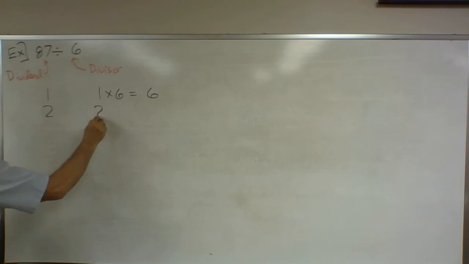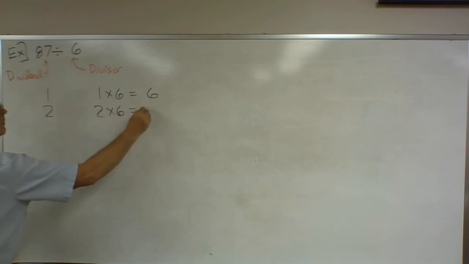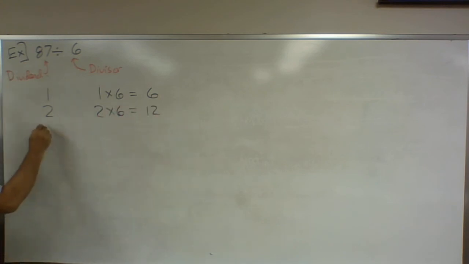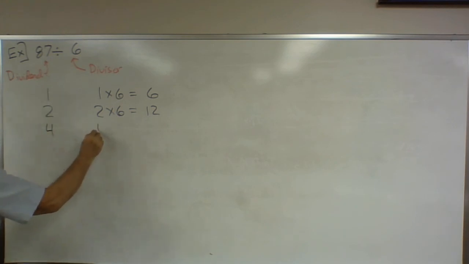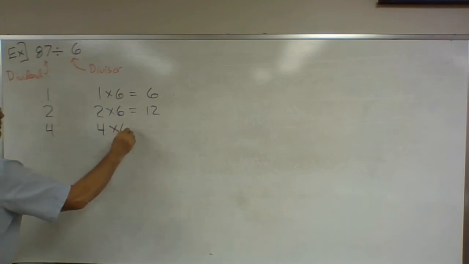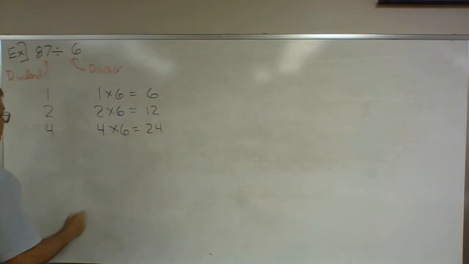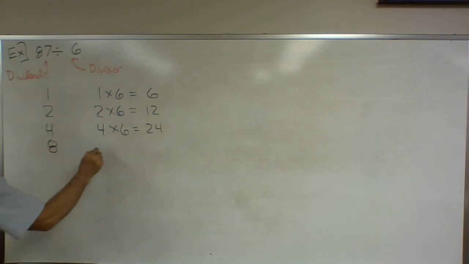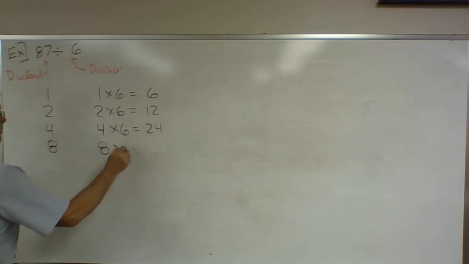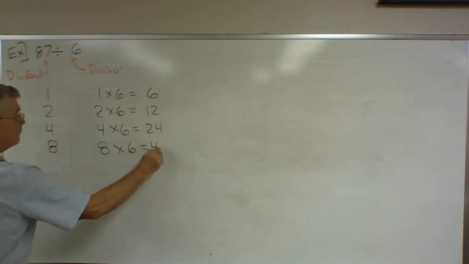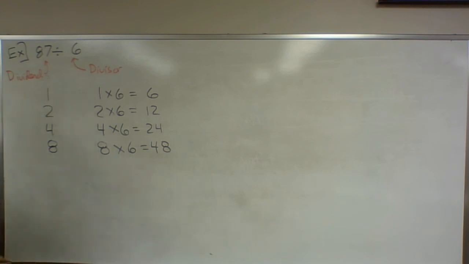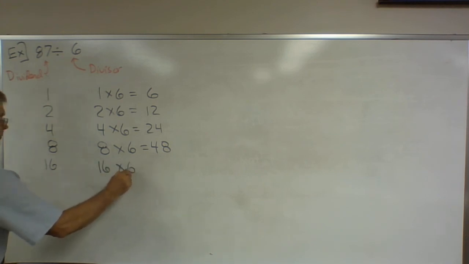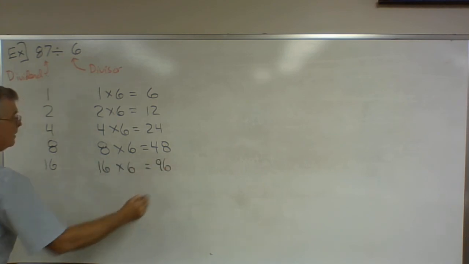Here's 2 to the first times the divisor. 2 to the second times the divisor. 2 to the third times the divisor. And 2 to the fourth times the divisor gives us 96.